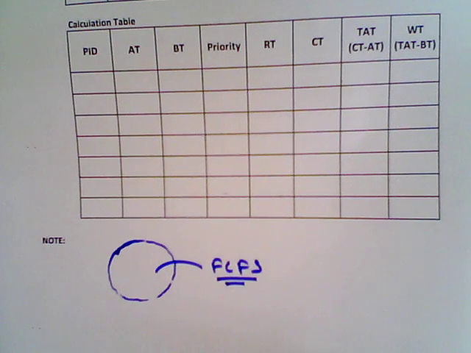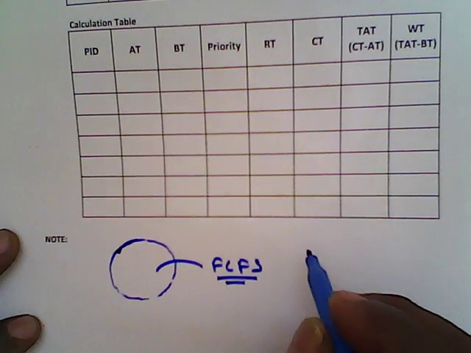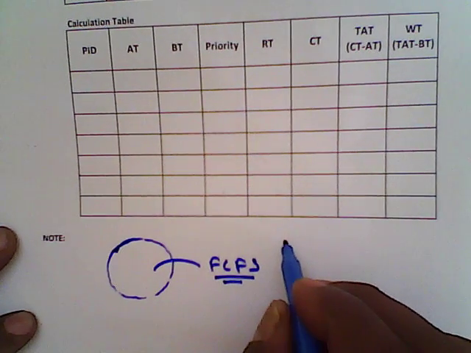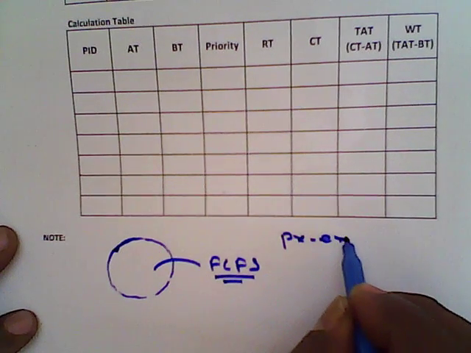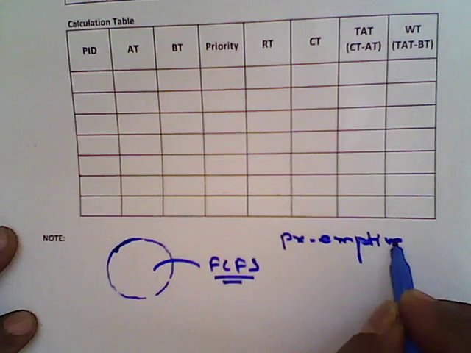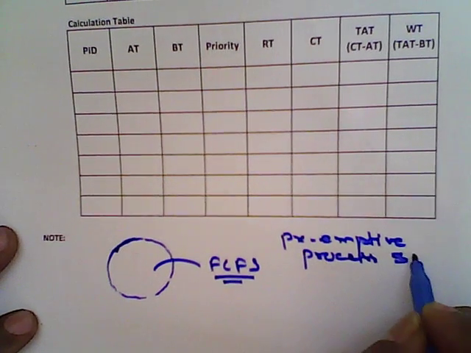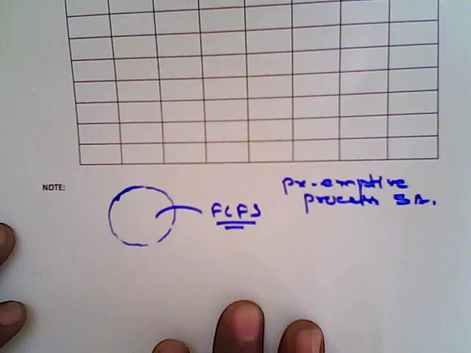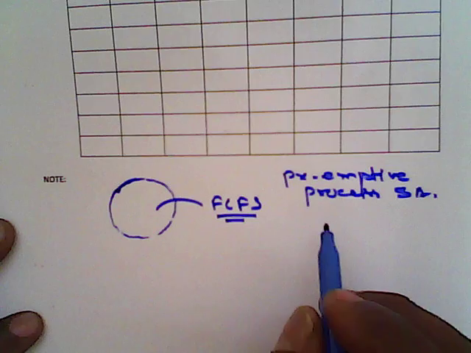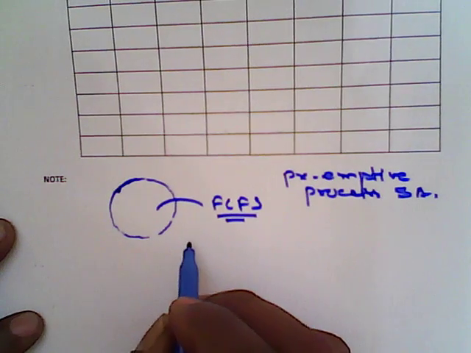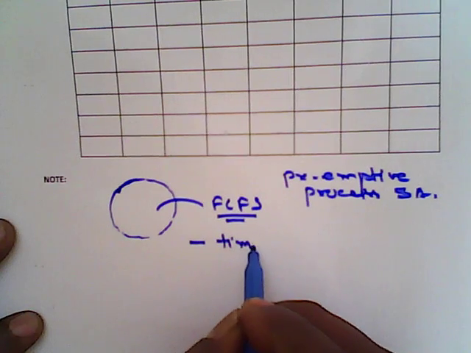In a similar fashion, round robin also performs. This scheduling algorithm is a preemptive process scheduling algorithm, and it has a peculiar characteristic: it is designed only for time sharing systems.